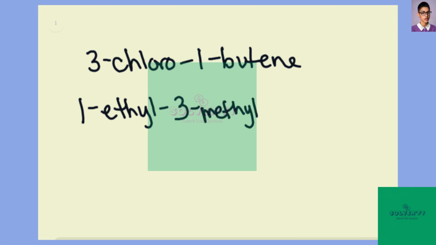So if we count the first one as 1 and we count over 2, we get to the methyl. And then it's a cyclopentene. Okay, and we don't have to number that double bond because we're assuming that we know that's where the ethyl is based on our numbering priority.